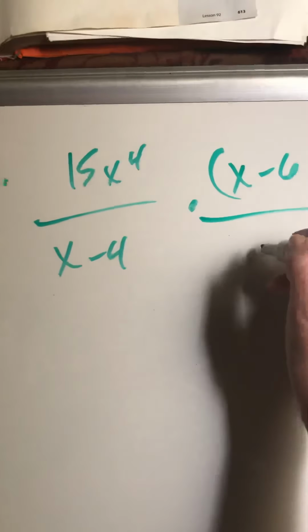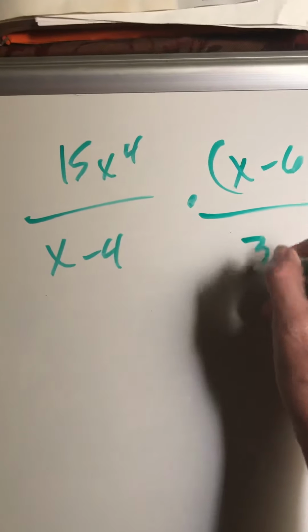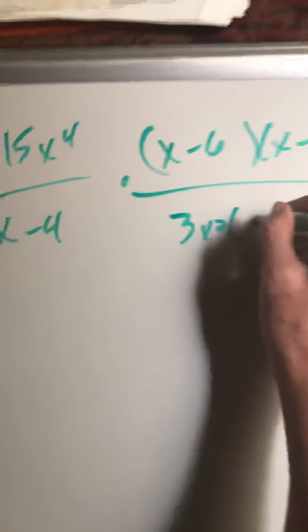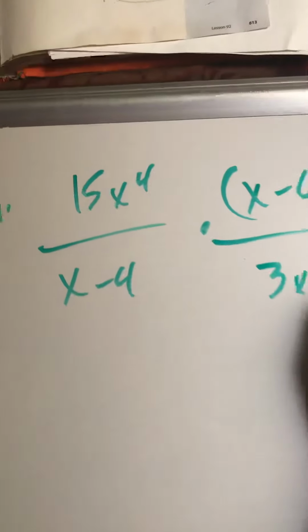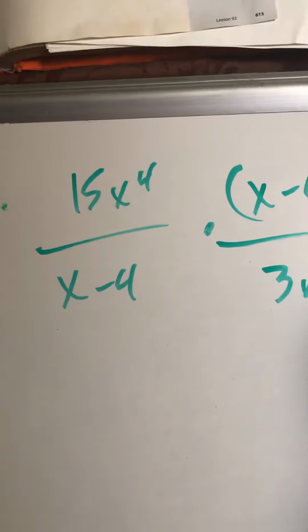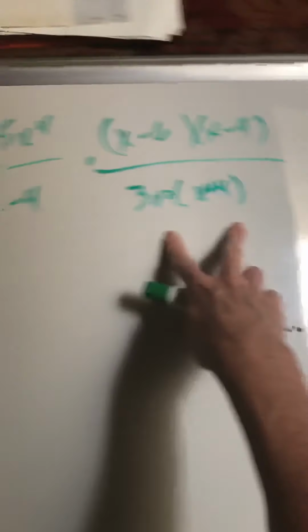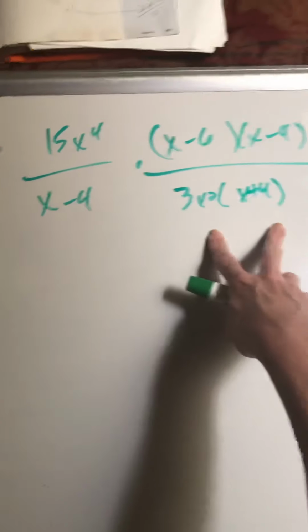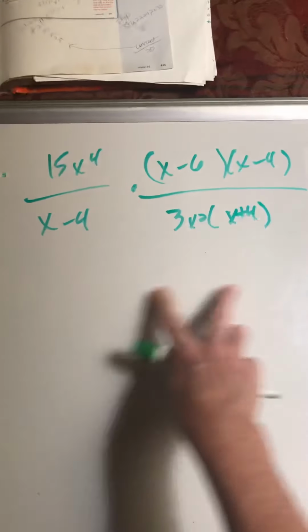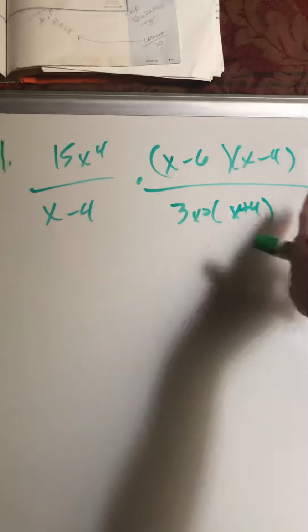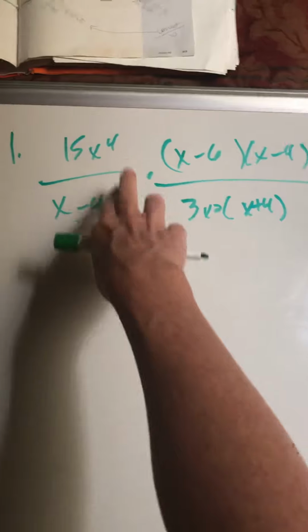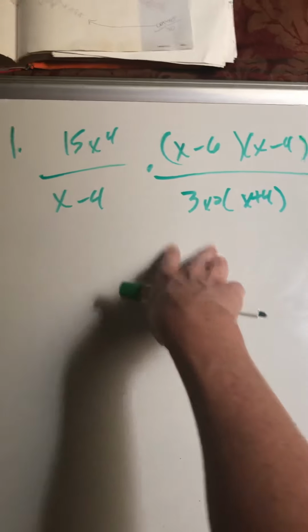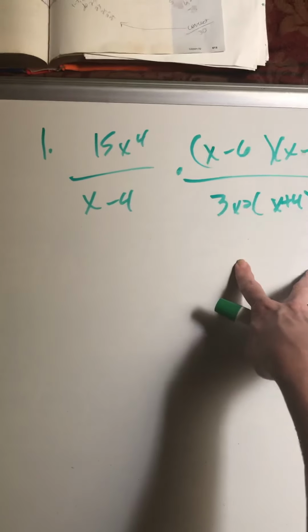And then on the bottom, you can take a 3x squared out, and you get x plus 4. You take a 3x squared out, you get x plus 4. So now you should be able to see from there what you can cancel. Like your x minus 4's cancel, x squared goes into x to the 4th. You can take 3 out of 15, and that'll show what you have left, okay?